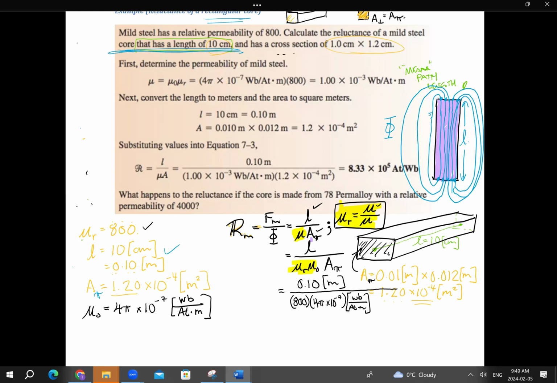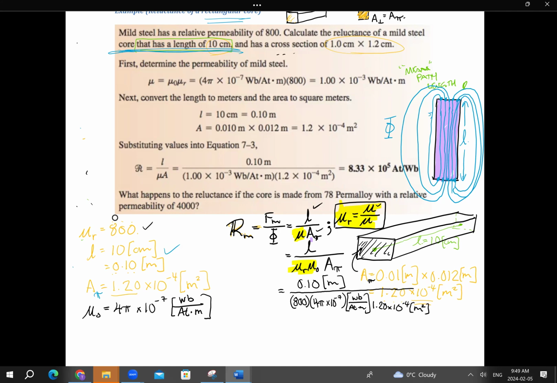I'm going to write right over my area here, which is pretty bad form, but I am going to substitute in that very same thing, 1.20, 2 significant digits, times 10 to the negative 4 meters squared.